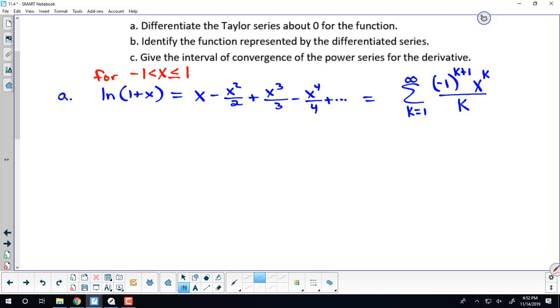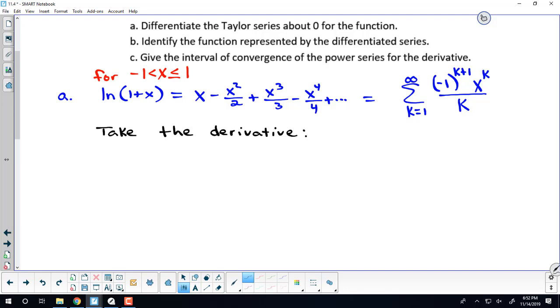And we want to find the derivative of this. Since part B says identify the function represented by the differentiated series, I don't know that it's necessary to write all of these things out, because really we're just identifying the derivative of this function.